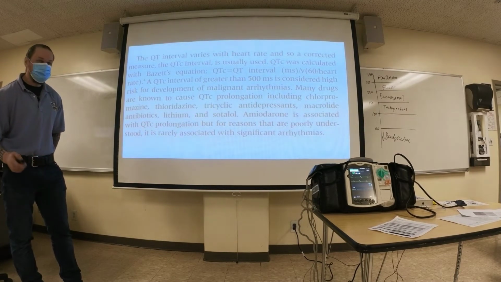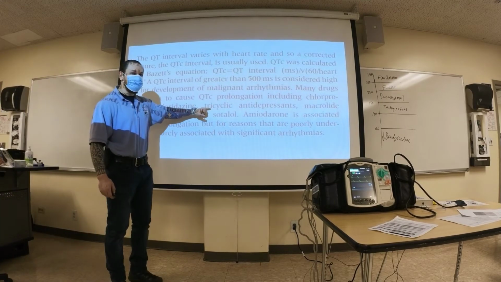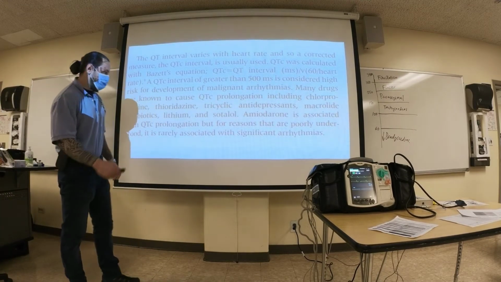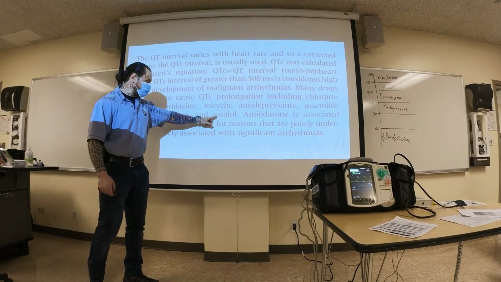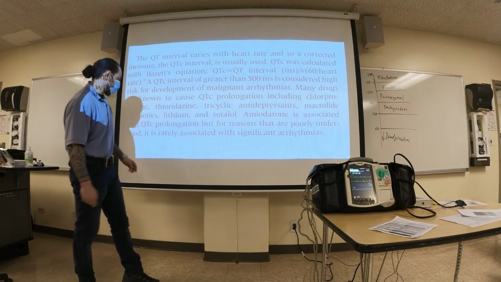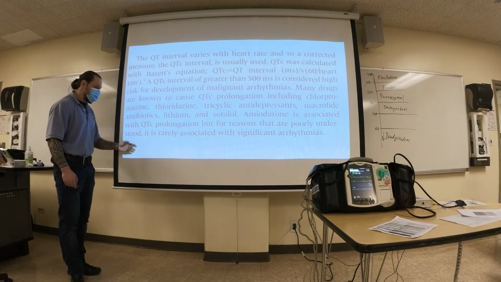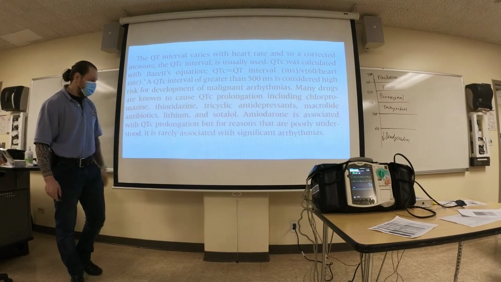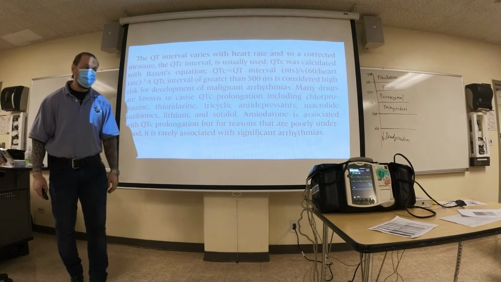Other medications that cause prolonged QTC interval, very commonly, are tricyclic antidepressants. You have certain antibiotics. Sotalol is class 3, and amiodarone is associated with QTC prolongation. They say the reasons are poorly understood, but it's an antiarrhythmic and definitely prolongs the QTC interval. Zofran does it too.